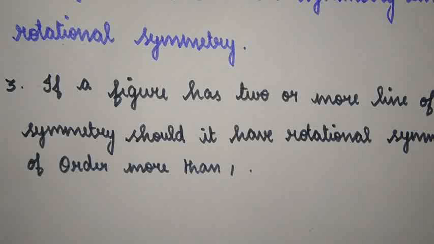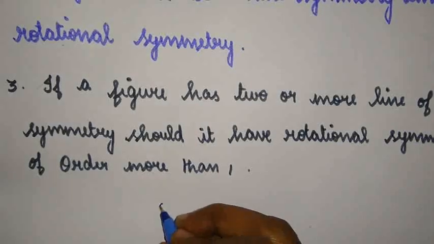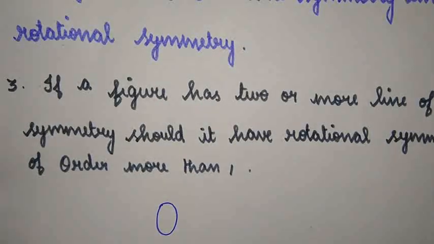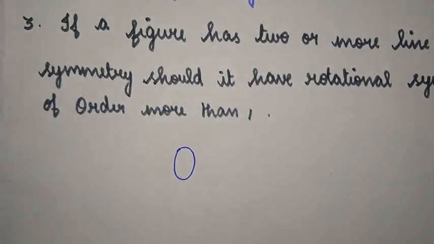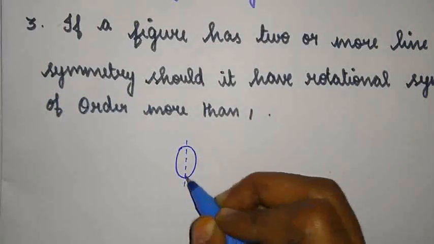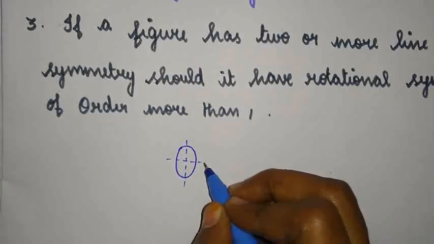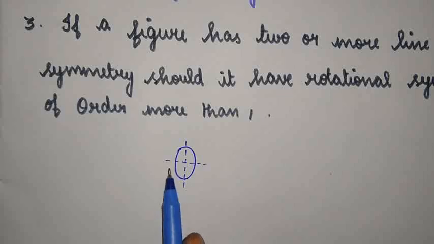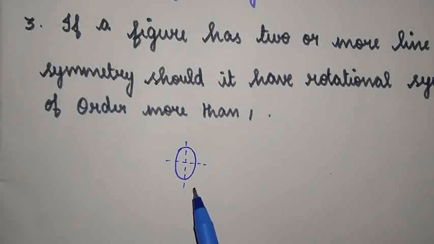Let's take an example. Let us take the alphabet letter O. See this figure. O has both horizontal and vertical line of symmetry. Already we learnt in the first exercise 14.1. So it has 2 lines of symmetry. Then we have to calculate the order of symmetry.